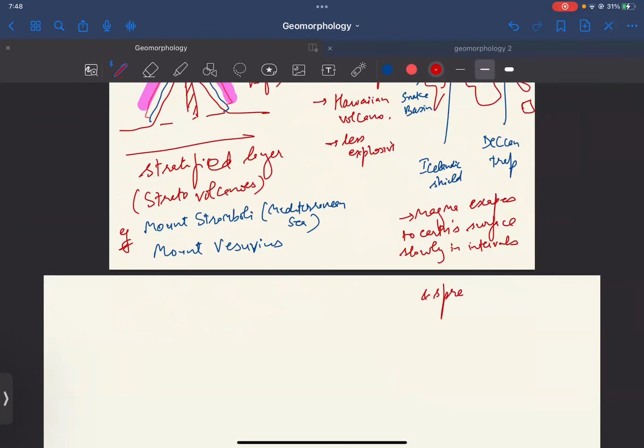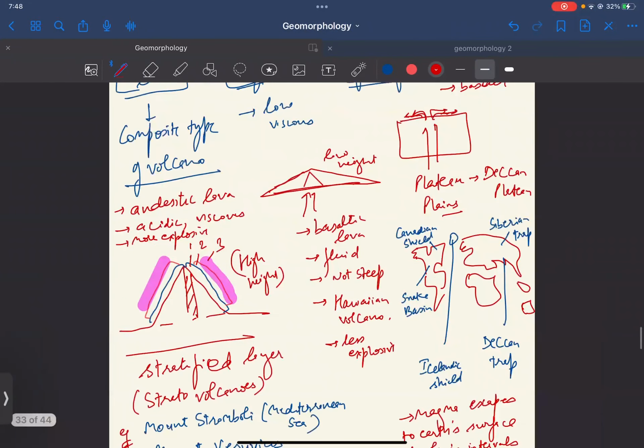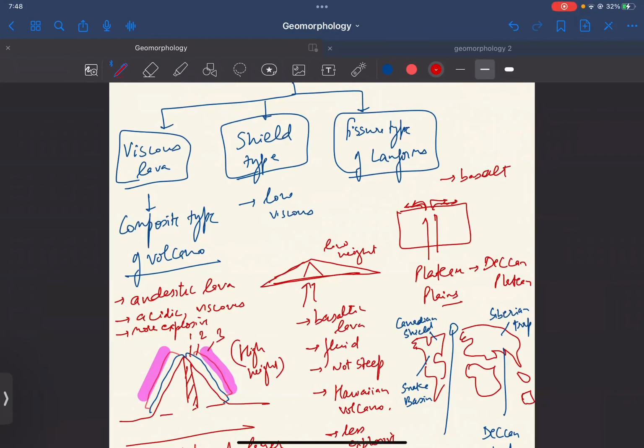And spreads over a vast area, large area, and creates a flat surface. Simple, right? Fissure type of volcano. I hope it's clear. किसी को कोई डाउट होगा तो चलो I'll ask you in a while.